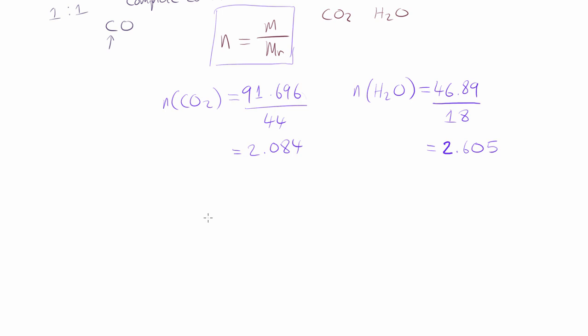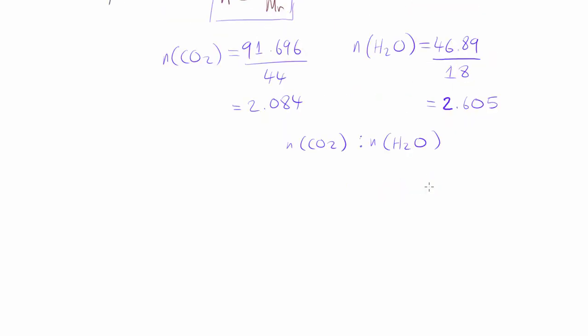Okay, so now at this stage, we can represent this as a ratio. So moles of CO2 as a ratio of the moles of H₂O, right? So that's effectively 2.084 and in this case 2.605.